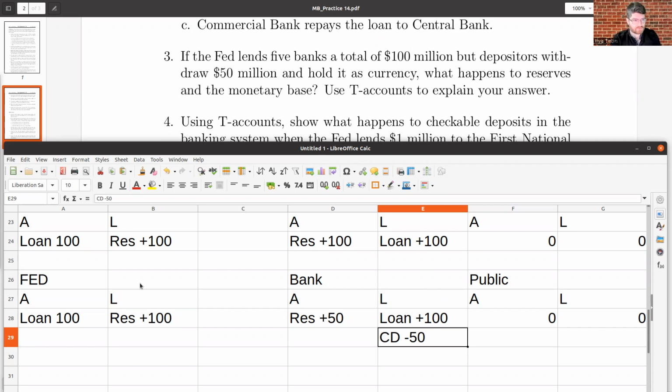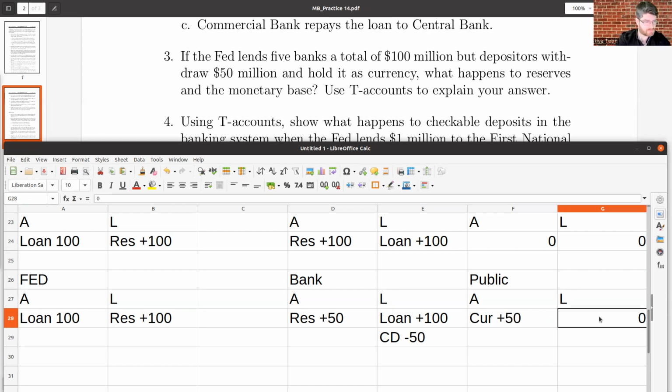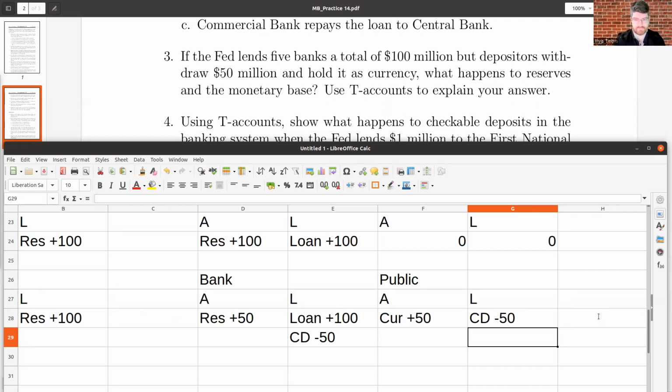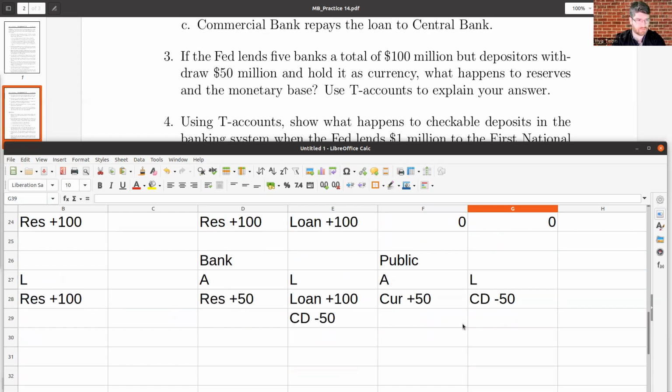What about the Fed and what about the public? First of all, let's create the public. The public got this currency plus 50, and checkable deposits changed by minus 50. This is the public.